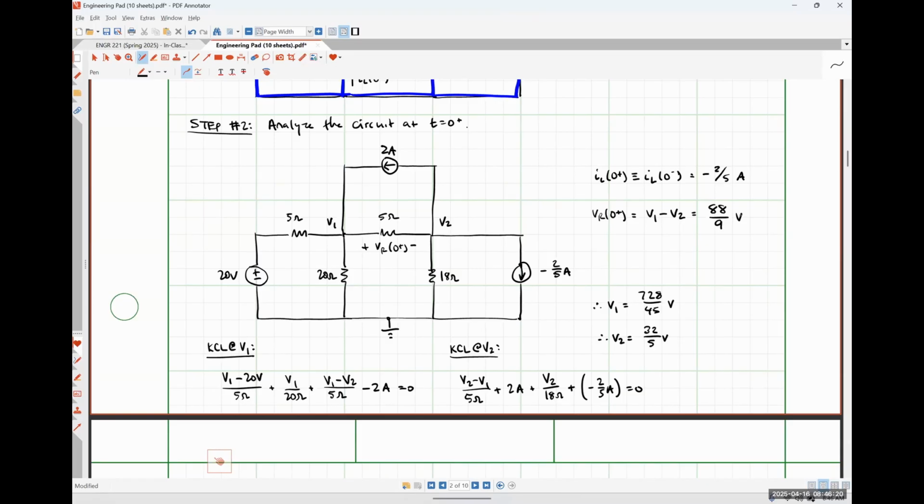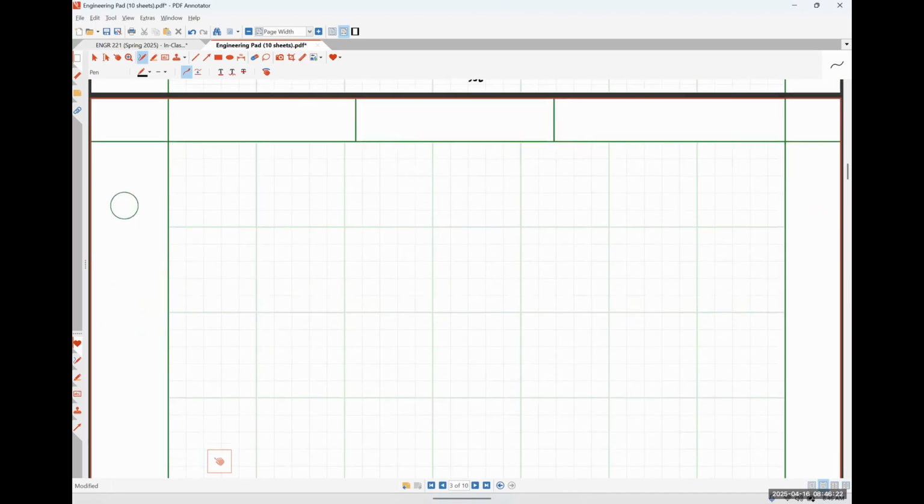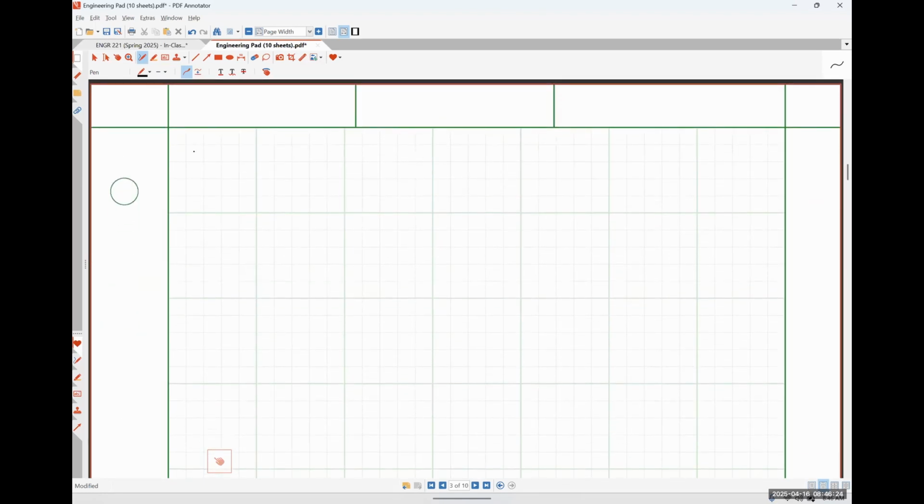All right, so let's look at step number 3. So now we are going to analyze the circuit at t is equal to infinity, okay?